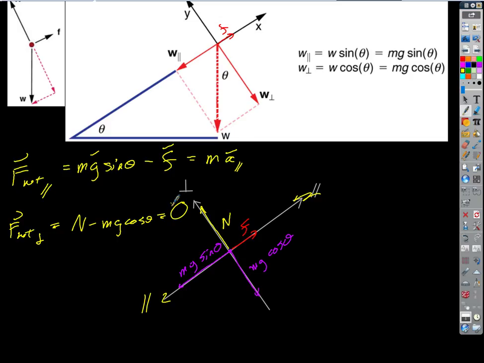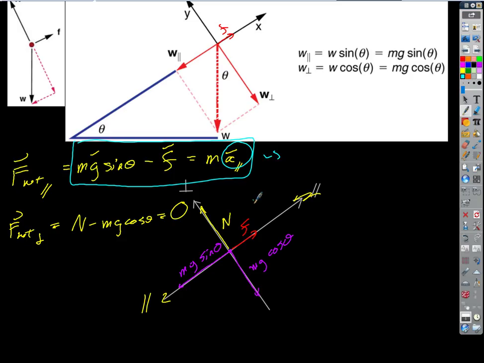And so then if we were trying to find acceleration, is that what we're trying to find? So if we want to solve for a, what would we do here? Here's my equation. What do I have to do to solve for a? It's mg sine theta minus f, divided by m, yeah.